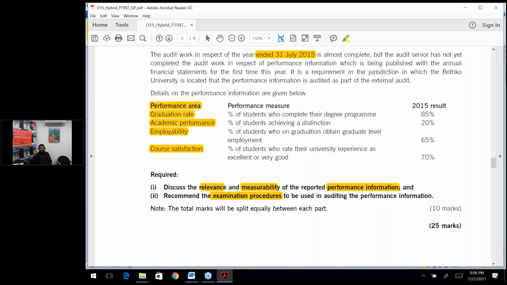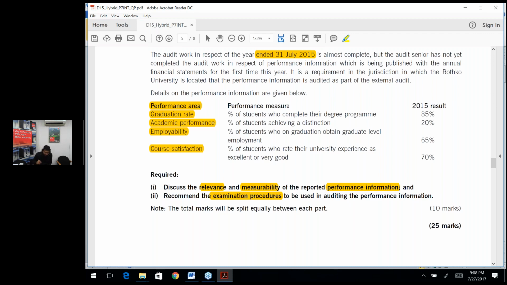Graduation rate is easy, academic performance is easy, employability is something of a subjective item, because you need to do an employer survey, which is external information. And course satisfaction is again the student's judgment, so you need to take a student's opinion. So relevance and measurability: this is measurable information to a large extent and it's relevant also.